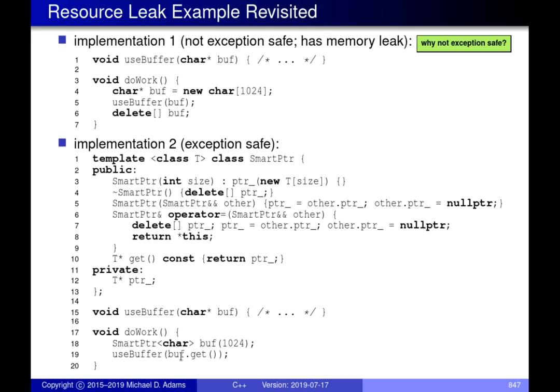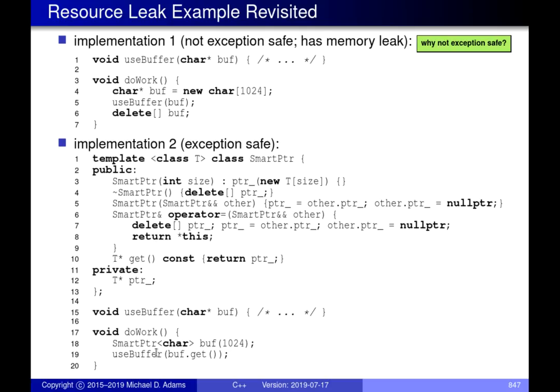And in this case, it's implied by the discussion that preceded this that useBuffer is just using this buffer for some computation, but it doesn't do any deallocation of the buffer or anything like that. So this is a perfectly fine thing to do in terms of passing a raw pointer into this function.